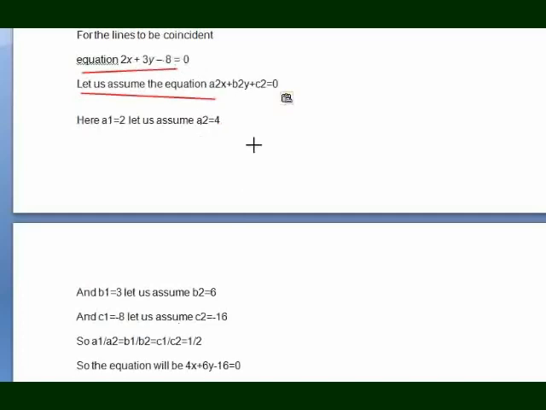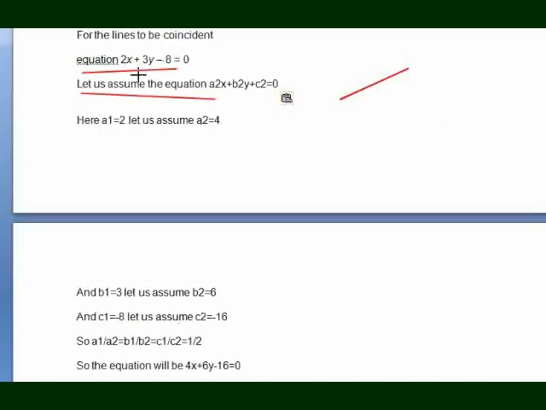We don't know the values of a2, b2 and c2, but we know the condition that for the two lines formed by a pair of linear equations to be coincident, a1 by a2 is equal to b1 by b2 is equal to c1 by c2.